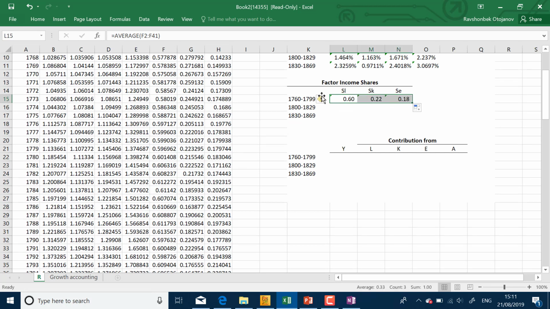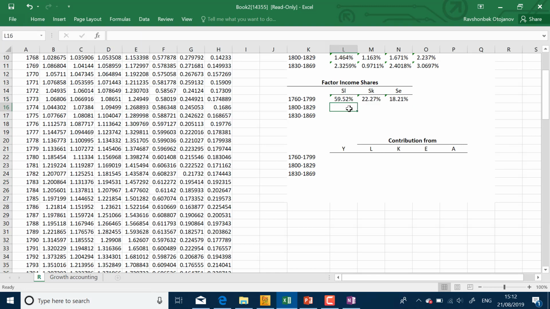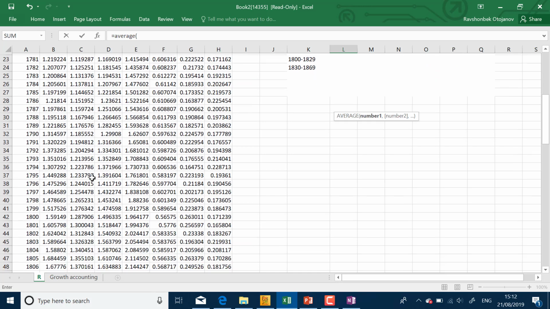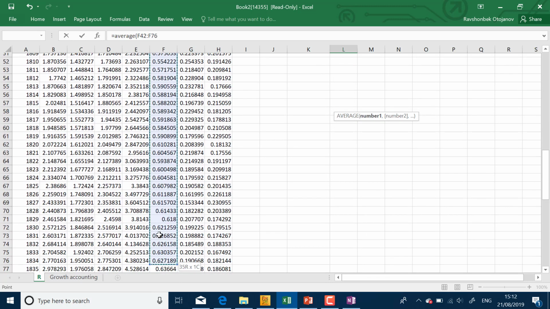So that's it. We'll just express this in percentage terms as before. Now do the same thing here for labor for the following period, 1800 to 1829.